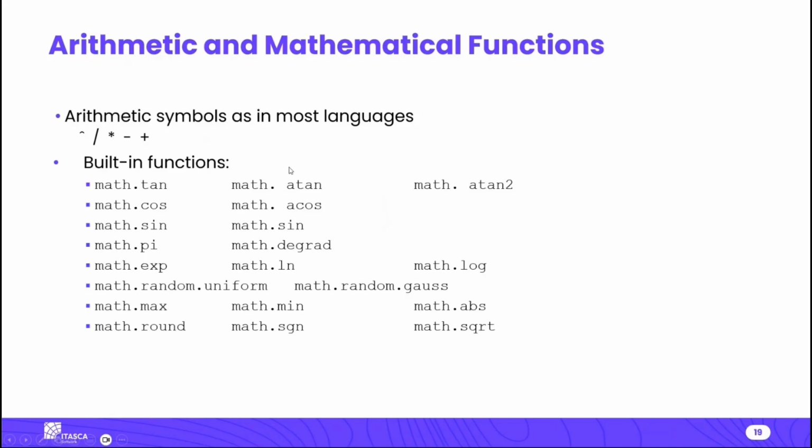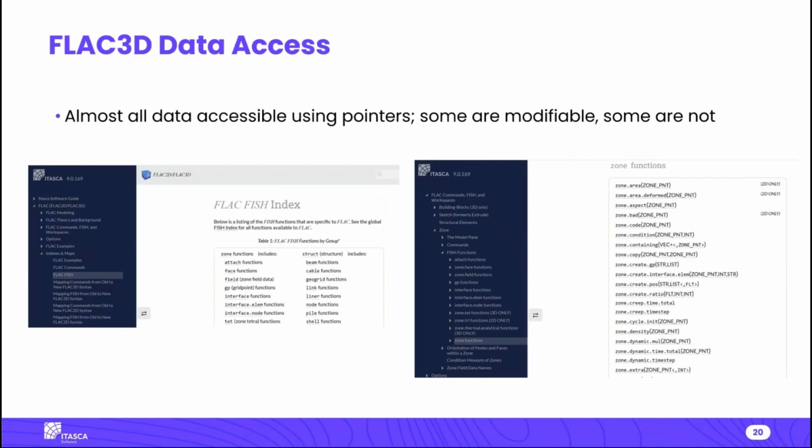So this is all general stuff about writing fish functions. We haven't talked anything specific to FLAC3D or FLAC2D. As I showed in the help earlier, you can drill down into the help and look at the fish functions associated with FLAC2D and FLAC3D. And again, almost all data that exists for FLAC is accessible with fish. So for example, grid point positions, grid point displacements, velocities, zone stresses, zone strains, zone properties, and so on.